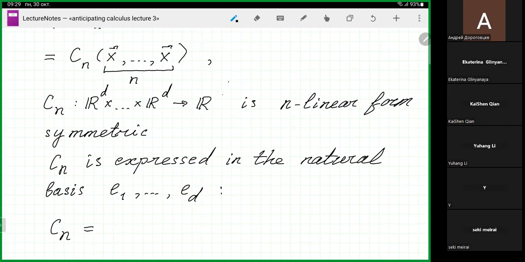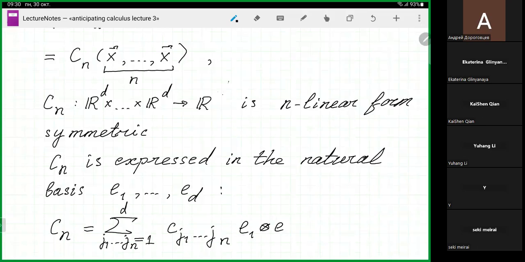Cn is equal to the sum from j1, ..., jn equal 1 to d, here is c_{j1...jn}, e_{j1}, e_{j2}, and so on, e_{jn}. Okay.